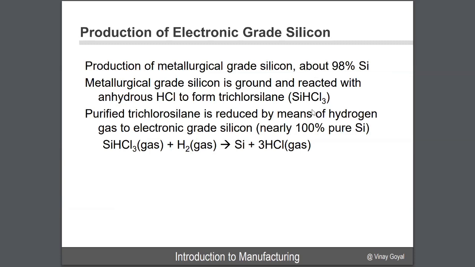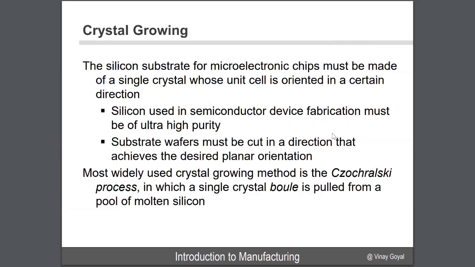We then combine it with hydrogen, which will separate the silicon into nearly 100% silicon. From there, we use a process called crystal growing, where we want extra high purity. We want to be able to grow it using something called the Czochralski process. In this case, we can get a single crystal boule from a pool of molten silicon.